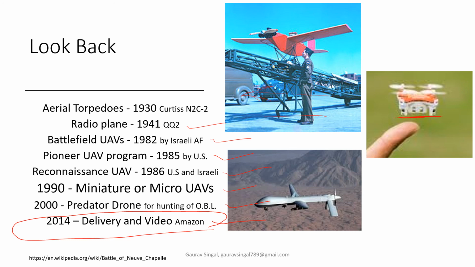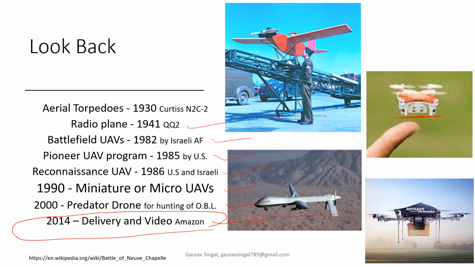This is the Predator that the US Army designed, and this is Amazon Prime Air for delivering parcels. So there are multiple purposes. From 1932 to 2017 it took around 80 to 85 years to reach this.